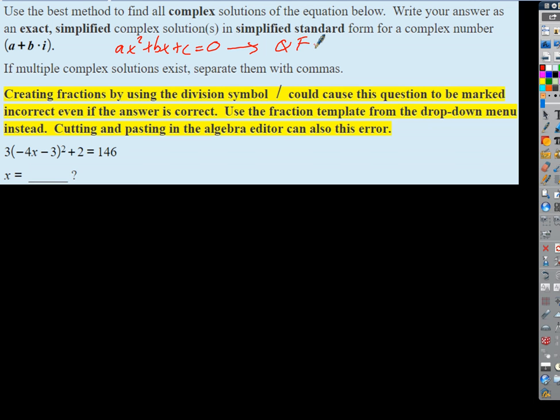Then I can use the quadratic formula if I want to, but this is not in that form. I've got this quantity that's being squared. It doesn't fit very well. I could multiply all this out and add up like terms and make it work, but it's a lot of hassle.